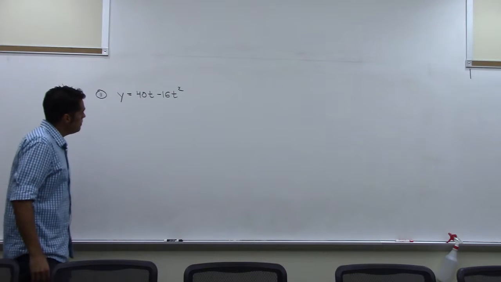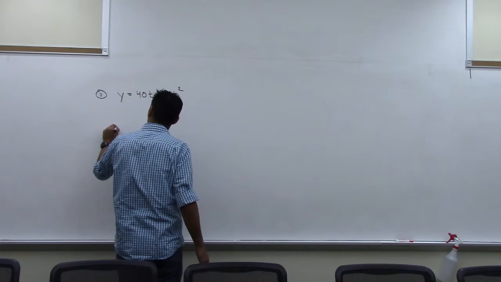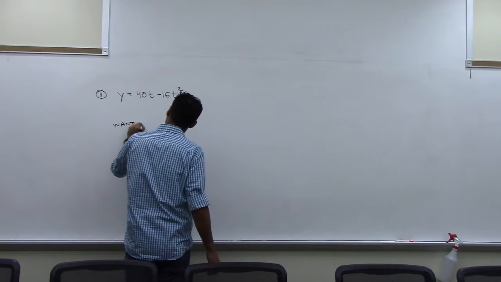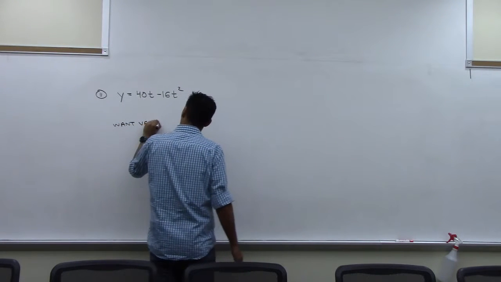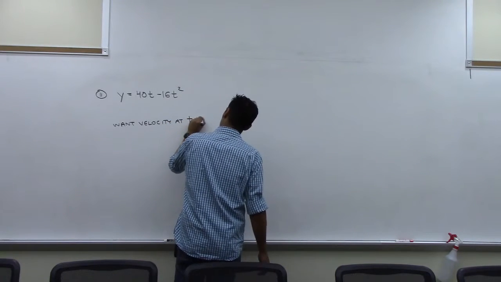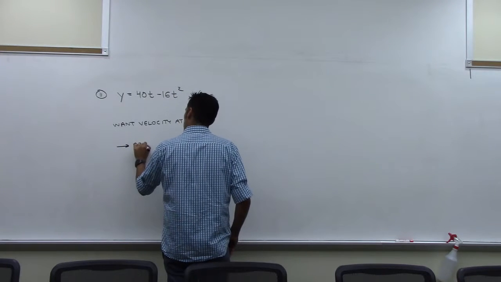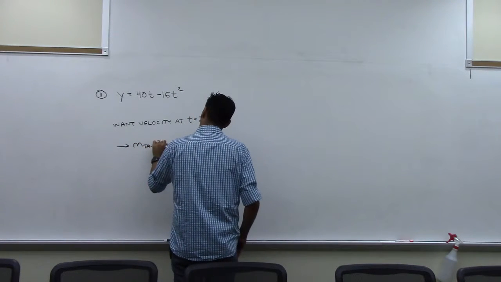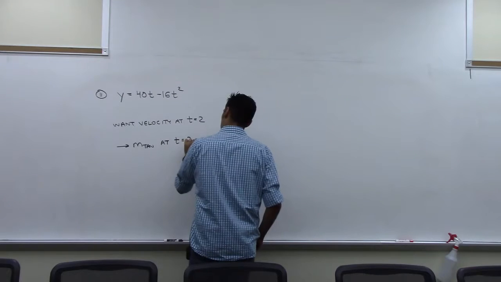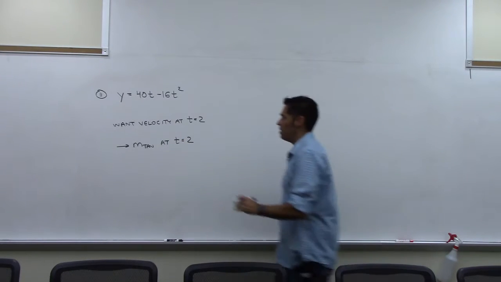So what we'll do is, I'm going to write down, we want the velocity at t equals 2. In other words, what they want is the slope of the tangent line at t equals 2. Which means that I can rewrite this as a function first.